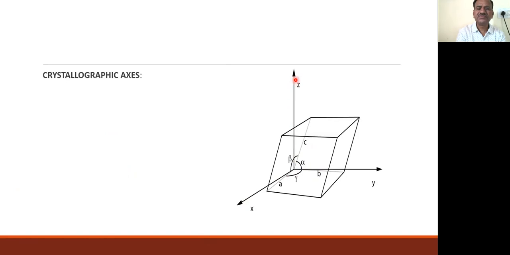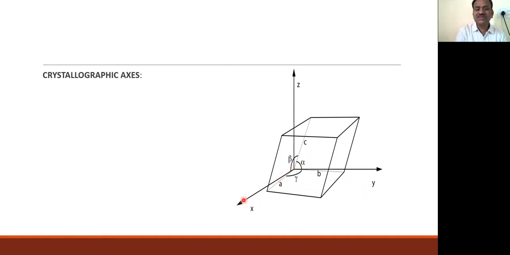Remember, these are called the crystallographic axes. Any unit cell is represented by 6 parameters. As you know from vectors, along the x-axis the unit vector is a, along the y-axis the unit vector is b, and along the z-axis the unit vector is c.